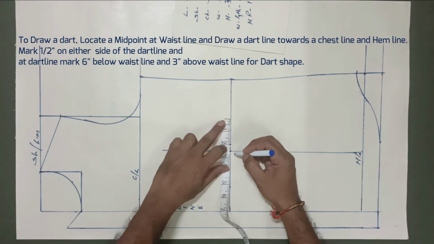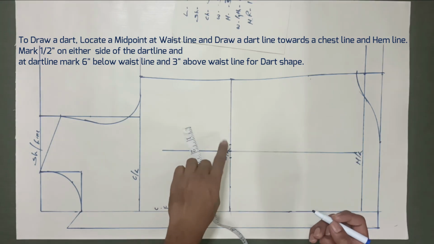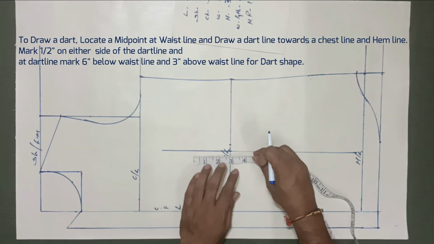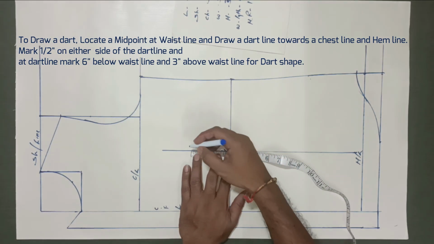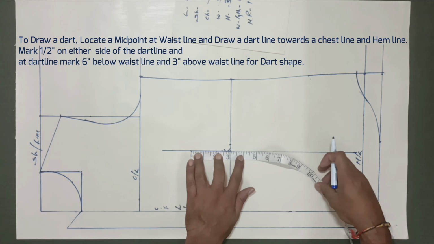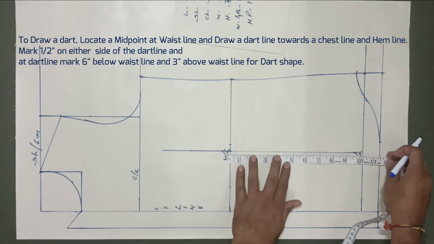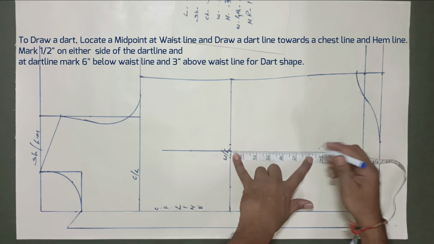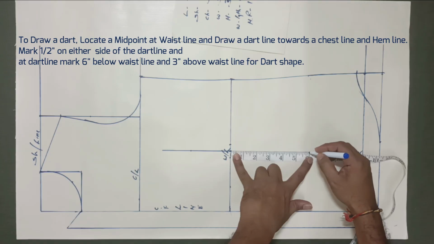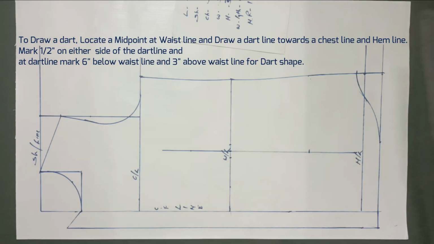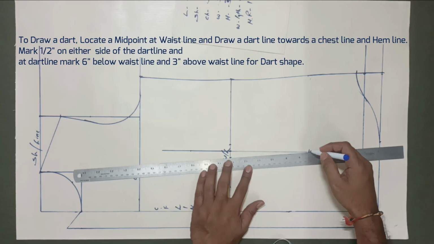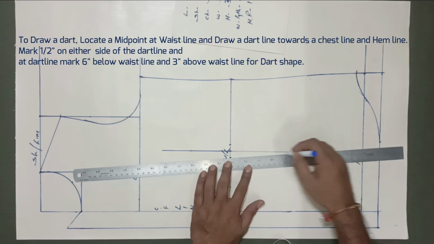Mark half an inch on either side of the line which you left for the dart. Above, mark 3 inches, which is enough, and then at the bottom, from this waistline, mark approximately 6 inches, and now draw a dart.